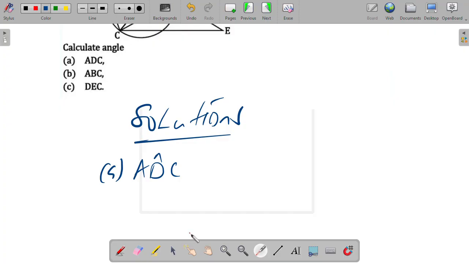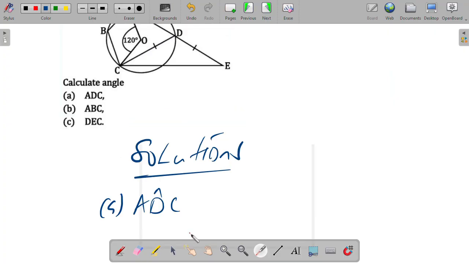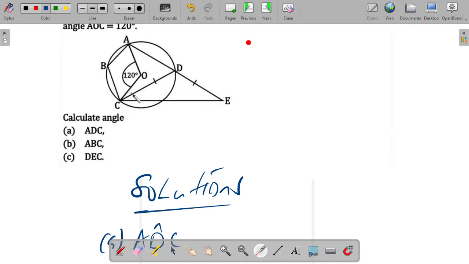We know that AOC is 120 at the center, and ADC is at the circumference.